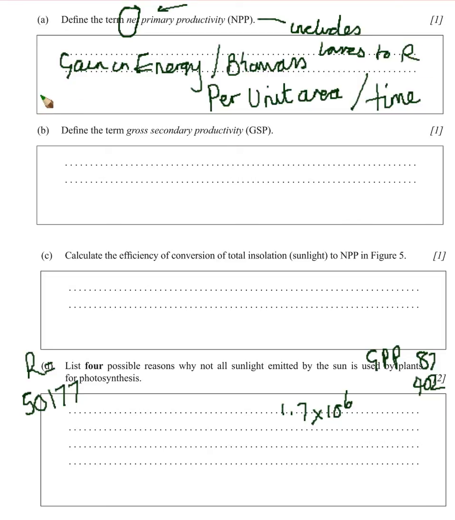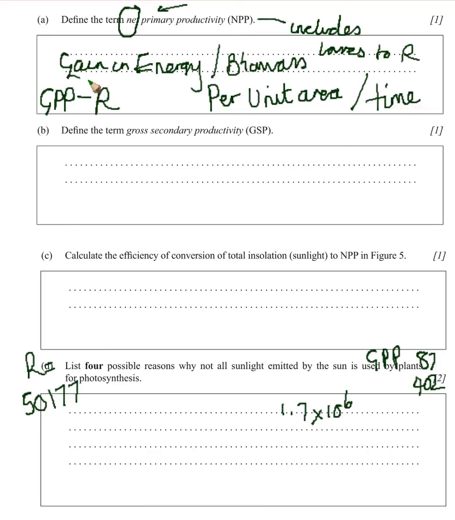Okay, one thing you can't do here, you could write out the equation of net primary productivity equals gross primary productivity minus R, but you can't just write out the symbols because you're not telling the examiner enough information. So if you just write that, that's not okay. You need to say what these are. Gross secondary productivity then.